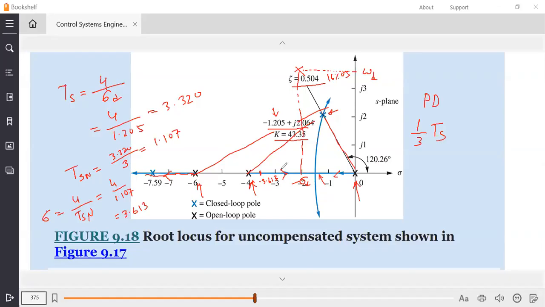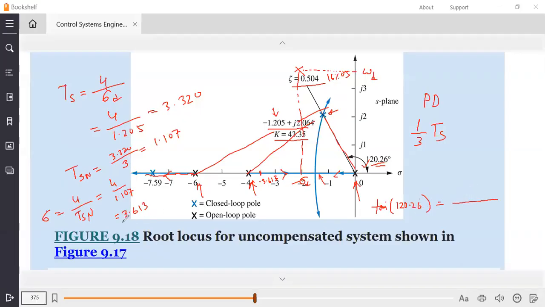Now the height we have to find out. For calculating the height, it's not that difficult, because so far we are always finding that tan of the angle, since it has to be the same zeta ratio. So tan of 120.26 degrees should be equal to height by base.